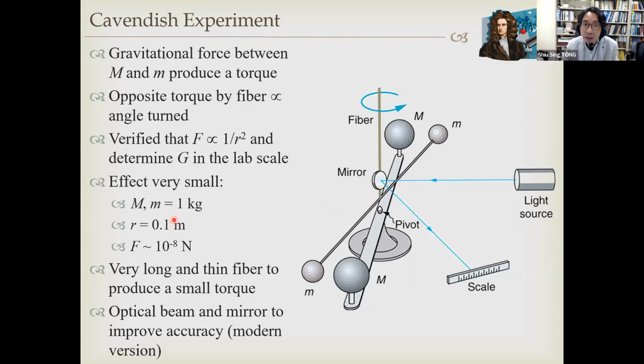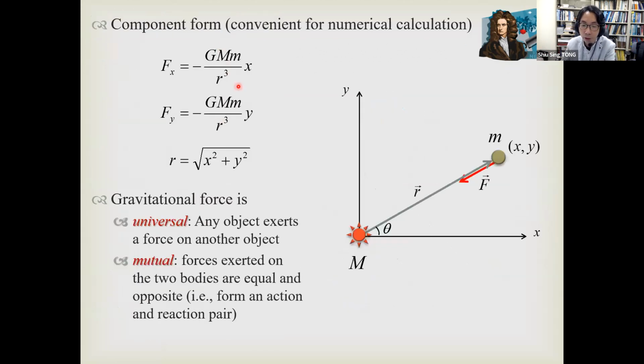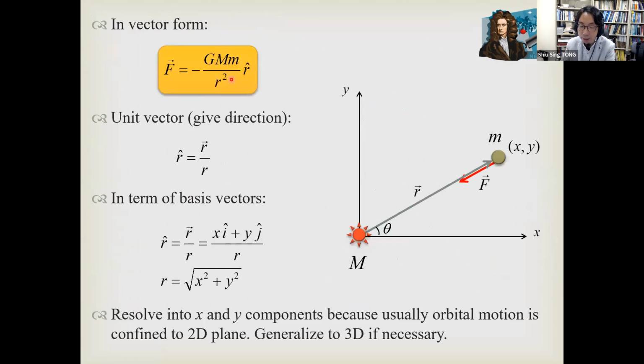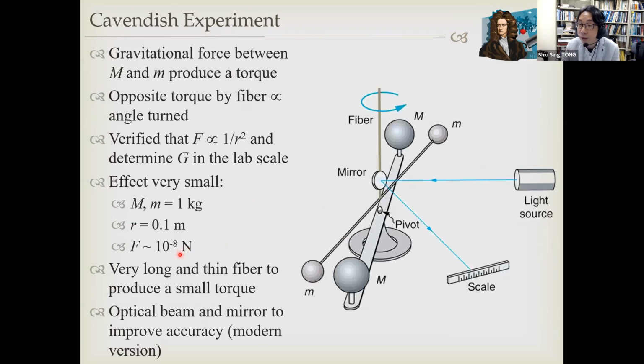If you plug these numbers into this formula with the current known value of G, you will find that the gravitational force is as small as 10 to the power minus 8 Newton, 1 in 100 million Newton, which is extremely small.